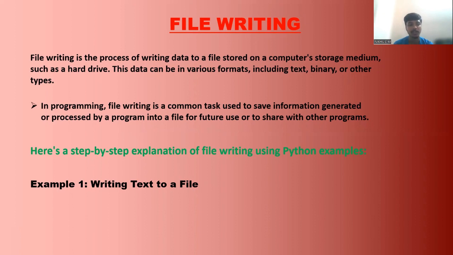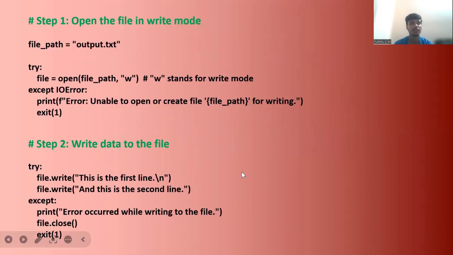Example 1. Writing text to a file. Step 1. Open the file in write mode. File path is equal to output.txt. Try: file is equal to open of file path, comma W. The W stands for the writing mode.